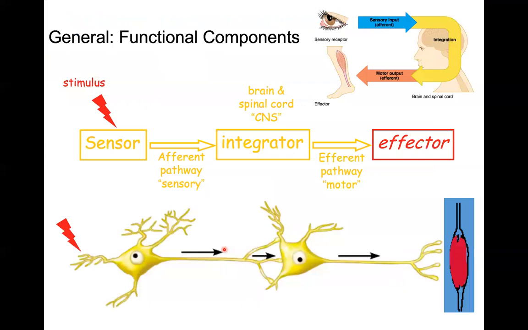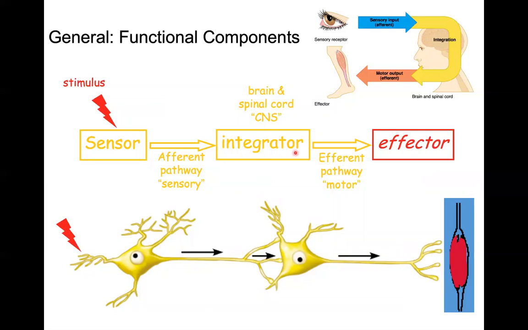So a reminder of the model that we were looking at, of how the nervous system works, that there's some stimulus, and that stimulus, illustrated in red, not part of the nervous system, triggers a sensor, and that sends information along an afferent or a sensory pathway to the brain and the spinal cord, the central nervous system.